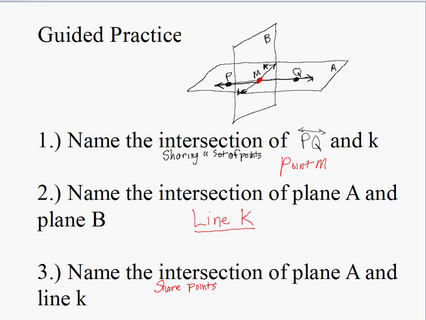So what I mean by share points, I mean, hey, if this is plane A and this is line K, well, all of the points on line K are also on plane A. So wouldn't it make sense that the intersection is line K again? Well, if you didn't understand that, make sure you write that question down in the margin in your notes and ask me next time in class.